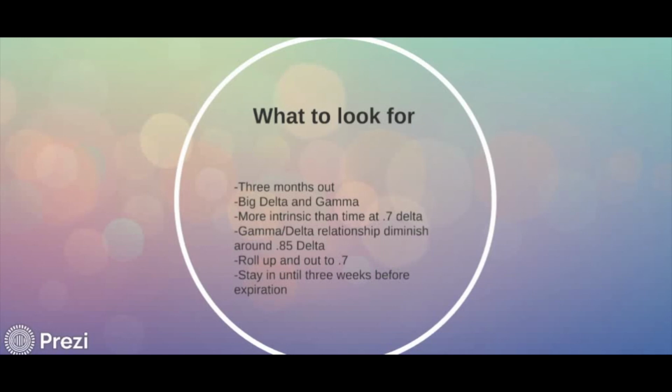So that's where we want to enter, and then once we see that value rise up, the gamma delta relationship will start to diminish around 85 delta. So that's when we want to roll up and out again to put that time on to where we're about 3 months out again, and ensure that our new delta is around 0.7.